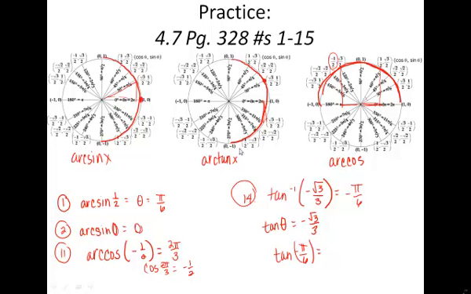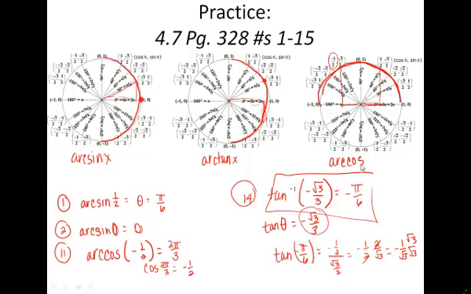Okay? What you're going to do is ask yourself what is the opposite over the adjacent of this particular triangle, and you would say, well, opposite was negative 1/2. The adjacent was the square root of 3 over 2, and so when you simplify this, yes, you are going to get what you were aiming for because we rationalize it, and yeah, we did get this. So this is our answer to number 14.